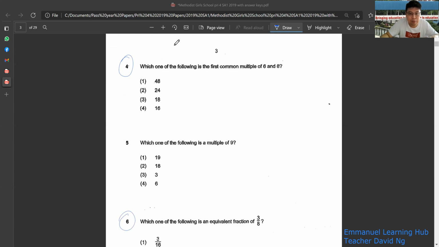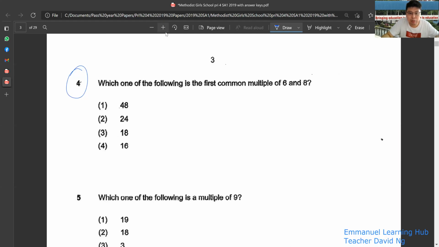Question 4. Which one of the following is the first common multiple of 6 and 8? Okay, I'm going to zoom in.